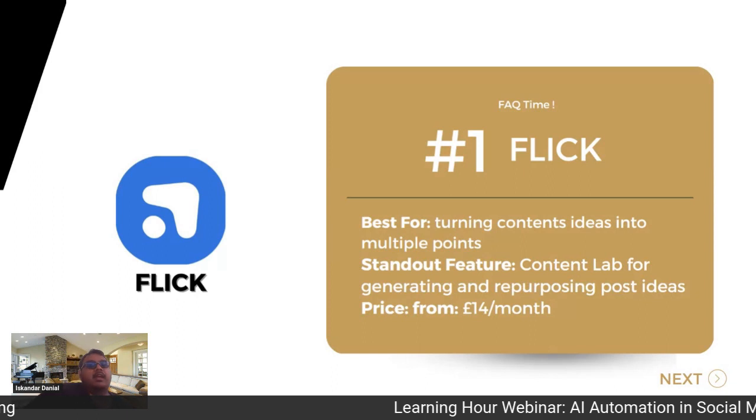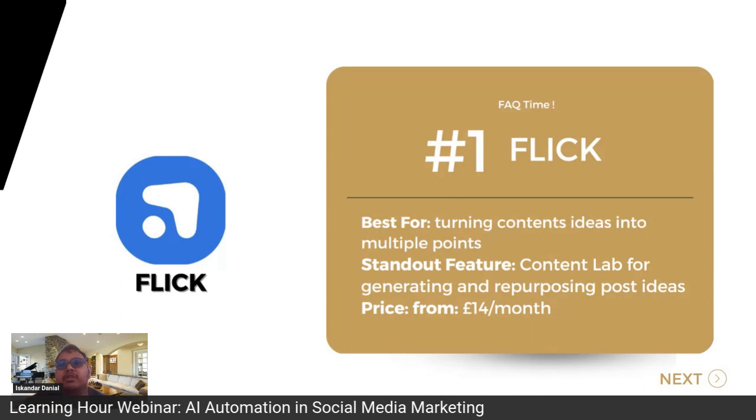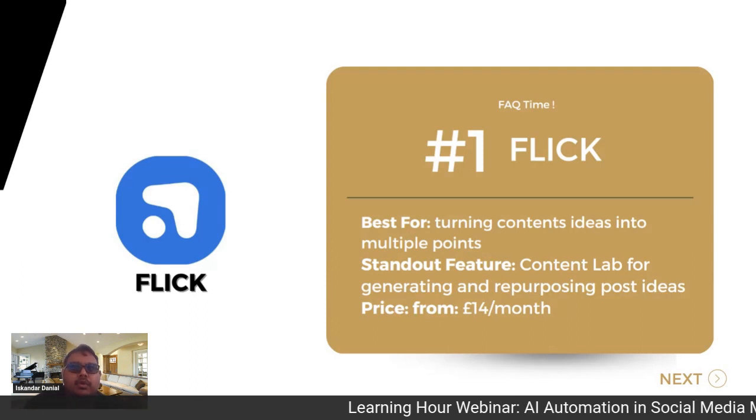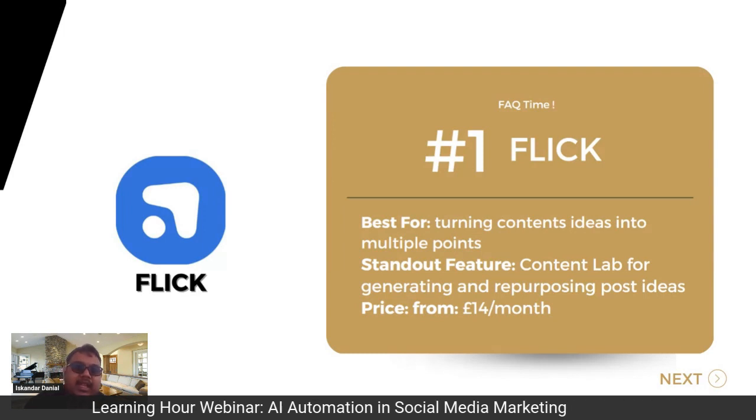When you are using Flick, if I'm not mistaken, it's only limited to Facebook and Instagram, but you can go up to somewhere around 10 or 12 accounts at one time.